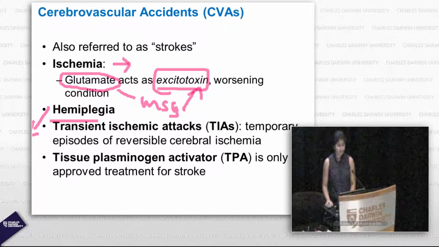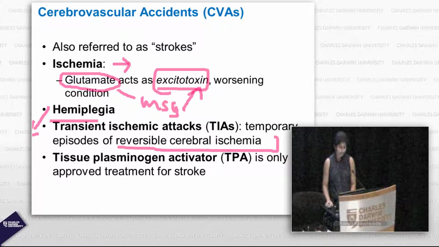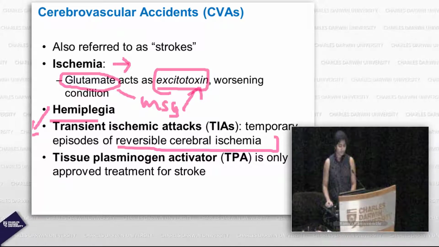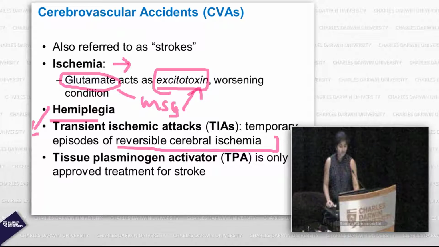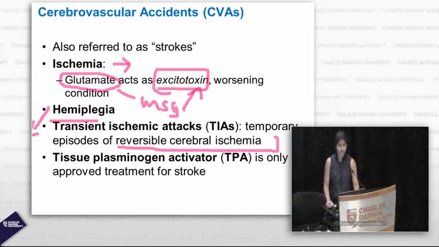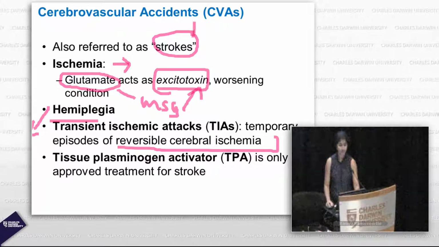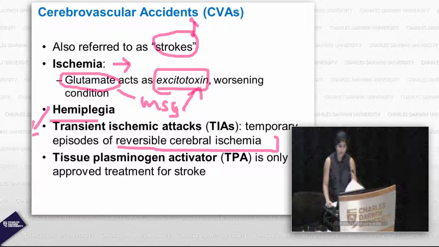Okay. Then TPA, tissue plasminogen activator, is administered as treatment for strokes. So cerebrovascular accidents are also known as strokes. So they administer this plasminogen activator as a treatment for strokes.